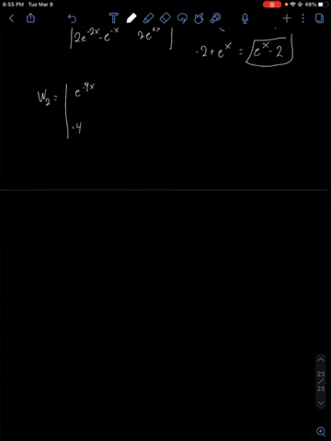So Wronskian 2 is going to be equal to e to the minus 4x, and that's minus 4e to the minus 4x, and then 0, 2e to the minus 2x minus e to the minus x. And now the second term is going to be multiplied by 0, so we don't have to worry about that.